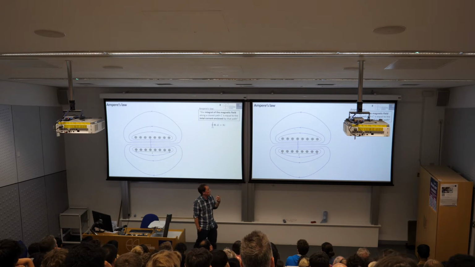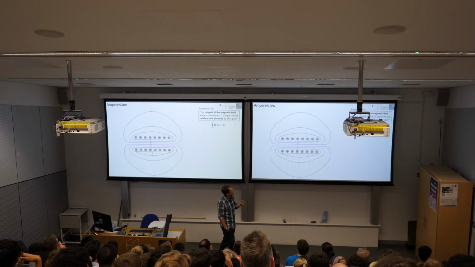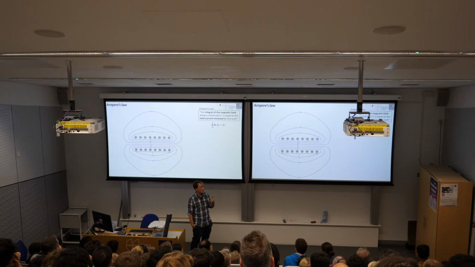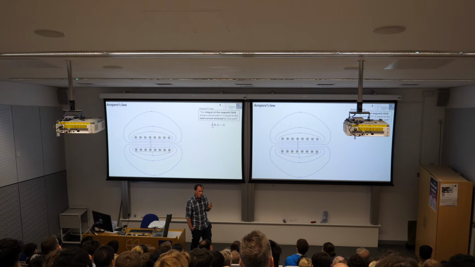In words, what Ampere's law says is the integral of the magnetic field along a closed path, so we're going to do some sort of path integral, is equal exactly to the current enclosed by that path, the total current enclosed by that path. Now, what do we mean by total current?